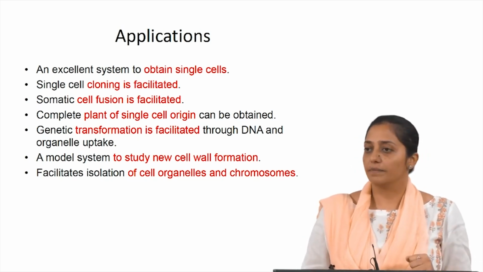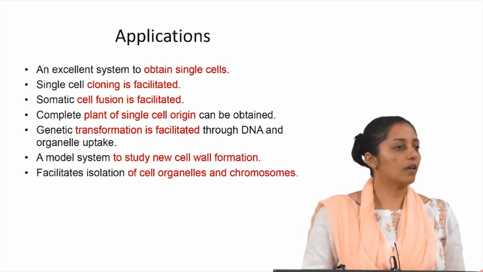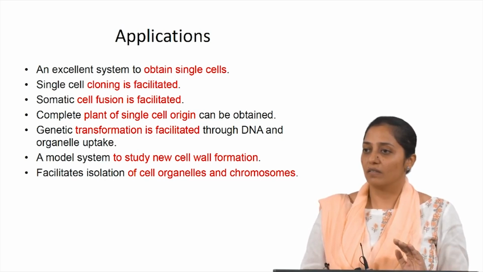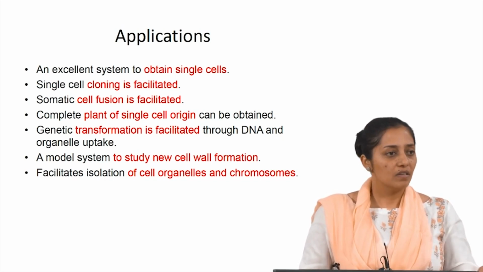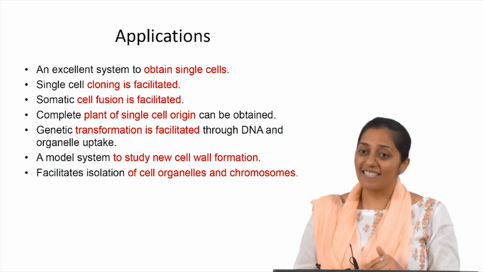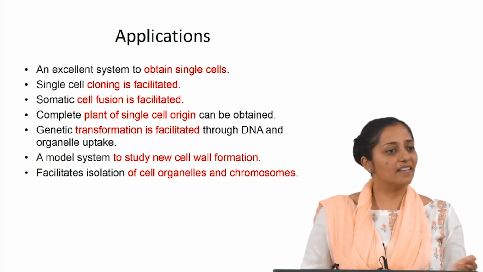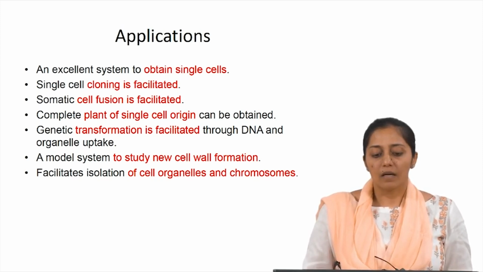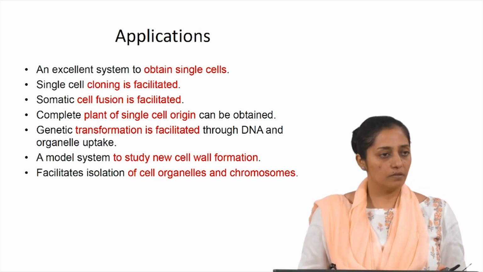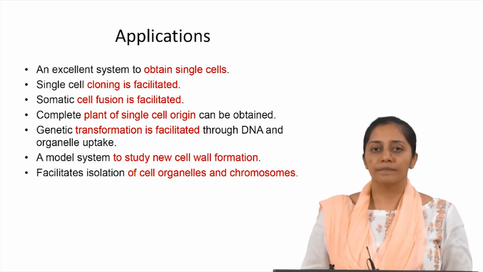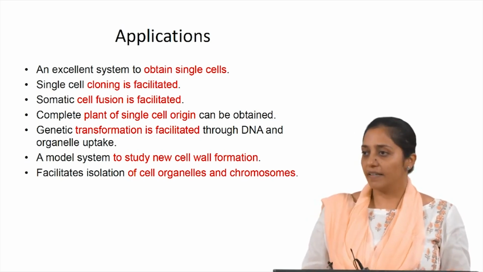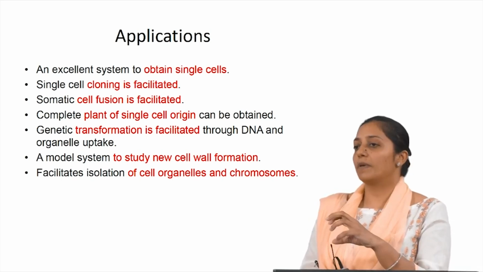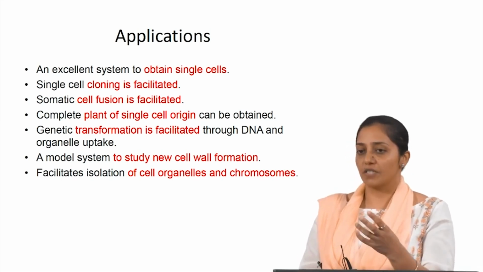First barrier, cell wall. So protoplast is devoid of cell wall. So now transformation is much easier because the only barrier is the plasma membrane. A complete plant of single cell origin can be produced. Then transformation is facilitated.